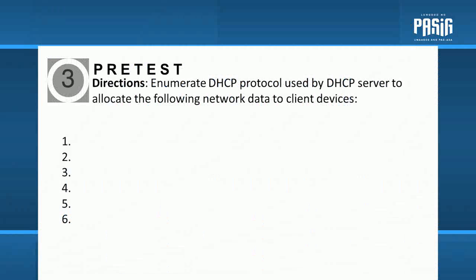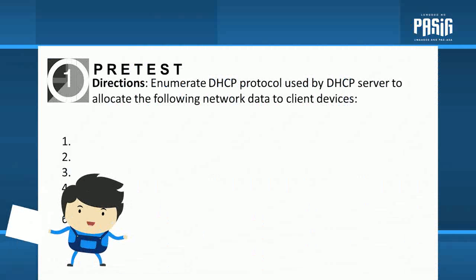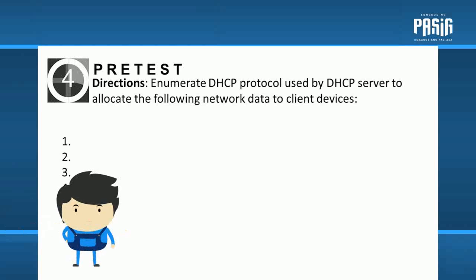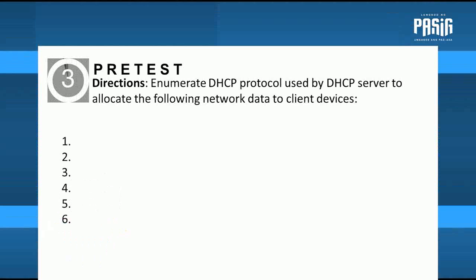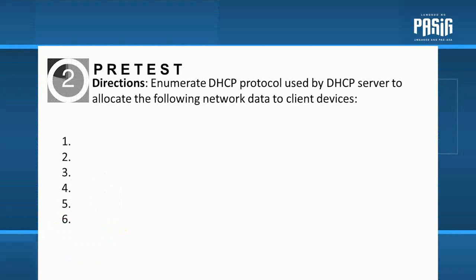Before we proceed to our topic, let's answer the pre-test. Directions: Enumerate the network data that the DHCP protocol is used by a DHCP server to allocate to client devices. The answer is: 1.